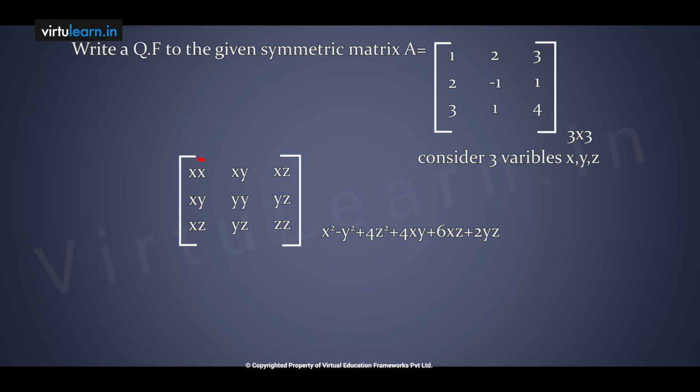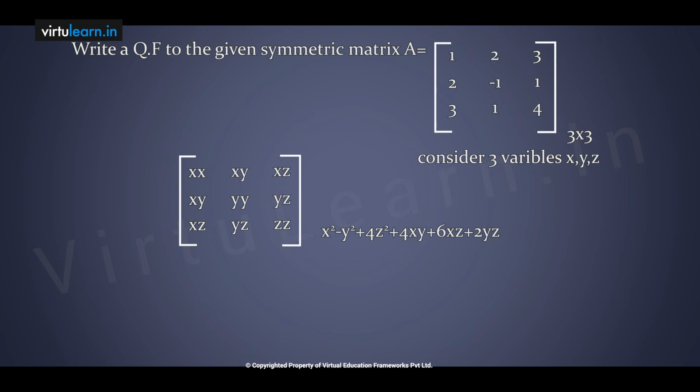Same logic. According to the first logic, in the first column you fix x, x, x. Second, y, y, y. I have to write here yx, I wrote here xy, you can understand.